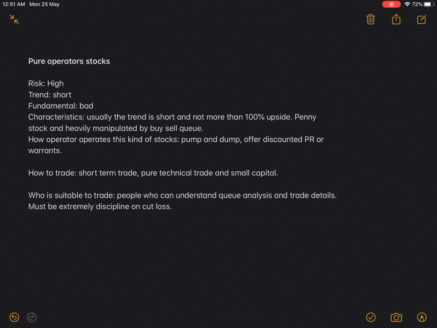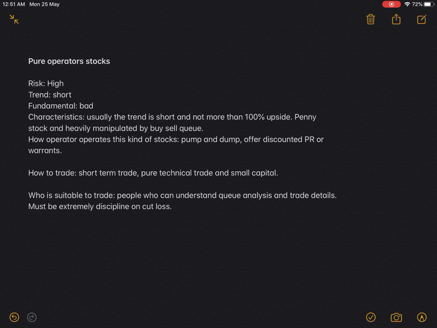And what are the characteristics for these pure operator stocks? The trend is usually slow and does not move more than 100%. Sometimes these stocks are penny stocks, like 5 cent, 10 cent, 20 cent, and it is very heavily manipulated by operators, by all the sell queue, buy queue, and the trade details.